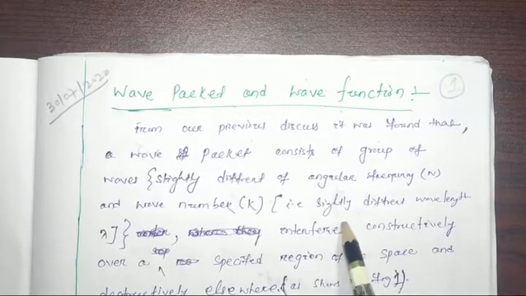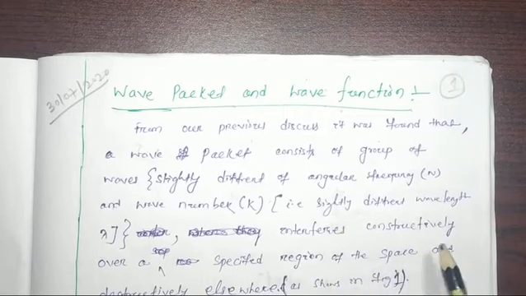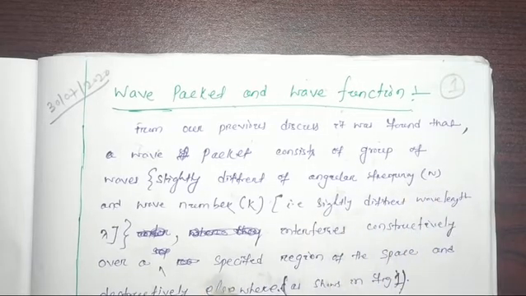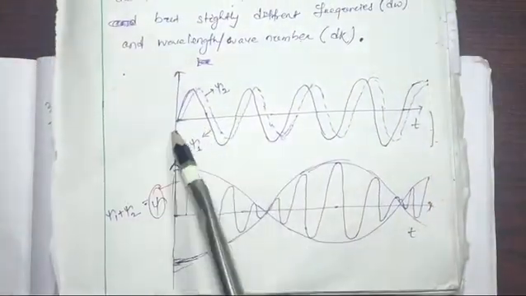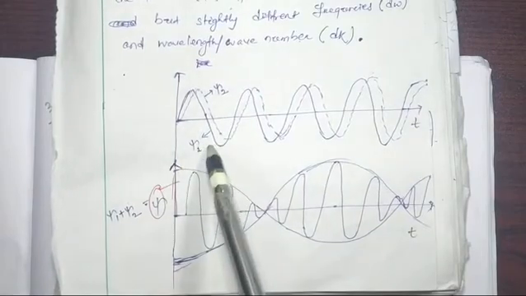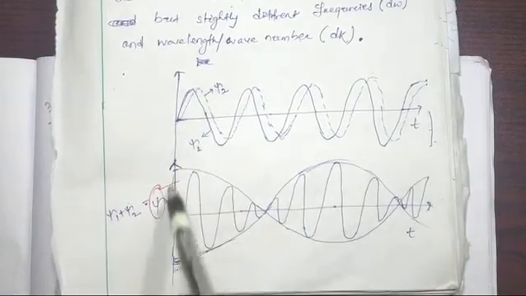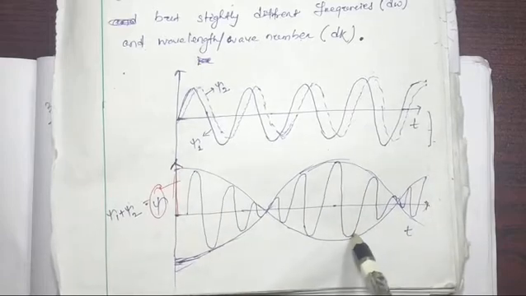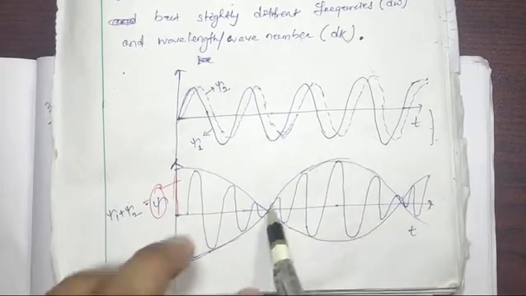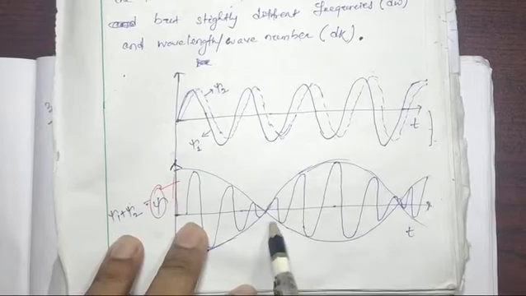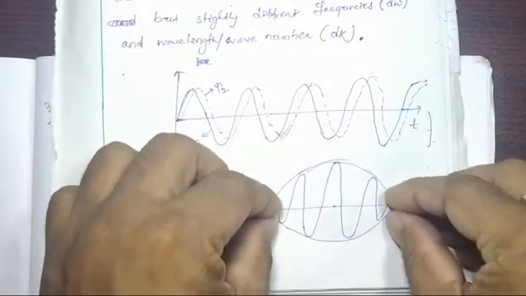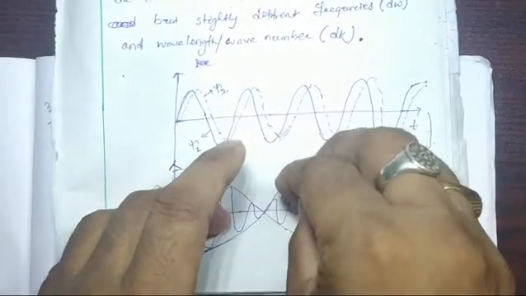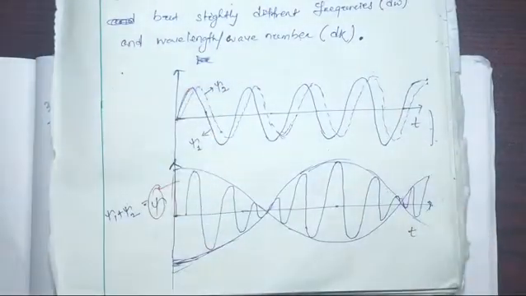These waves interfere constructively over a specified region of space and destructively elsewhere. Whatever we discussed in our last class, when two waves are superimposed with each other, we get this type of resultant wave. Here the constructive interference happens here and destructive happens here. If we consider this portion only, this is where we get constructive interference.